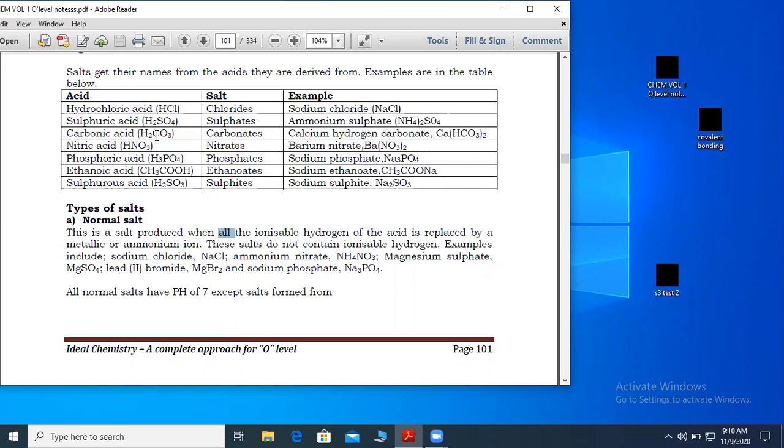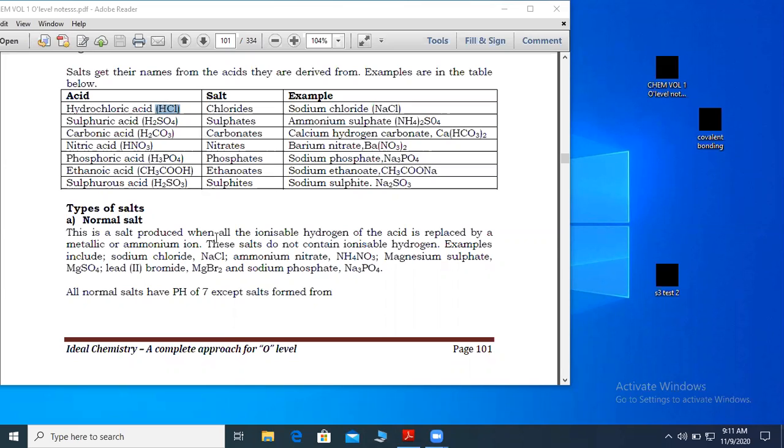For example, we look at hydrochloric acid. When all the hydrogen of hydrochloric acid is replaced by a metallic or ammonium ion, the salt formed is now a normal salt.